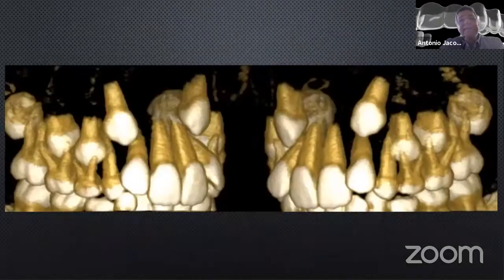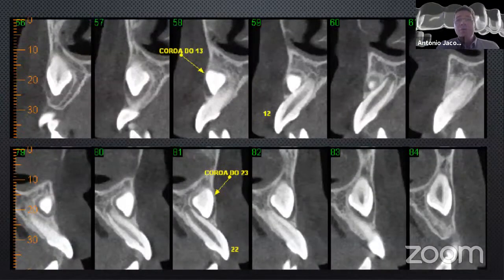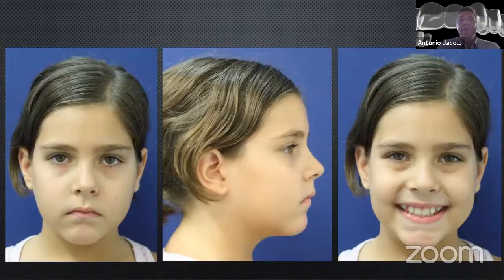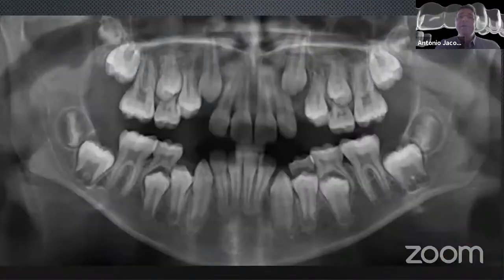So we made this CT scan, and this is the time that we decided to extract the deciduous canines, to maybe alter the position of the canines. At this time, she had already had the extraction. The first premolars have erupted, and the canine is still very close to the root of the lateral incisor.